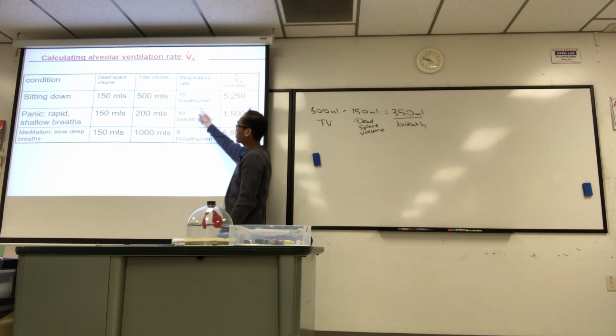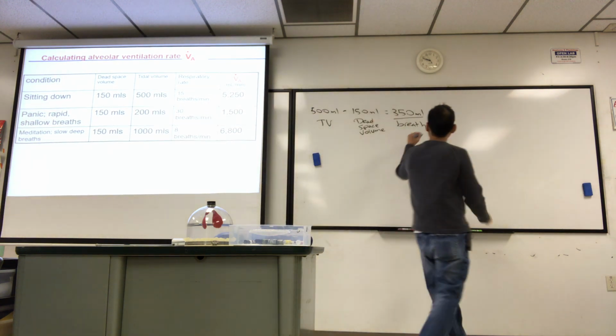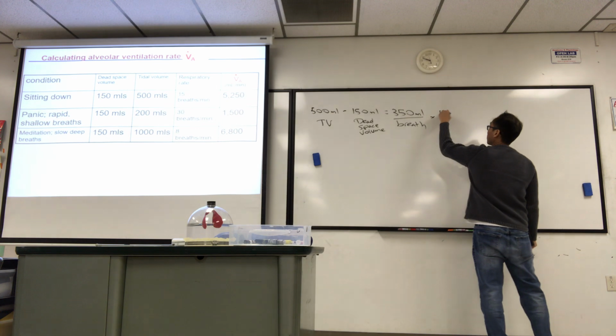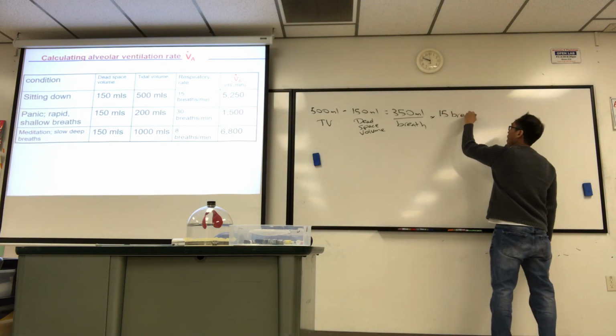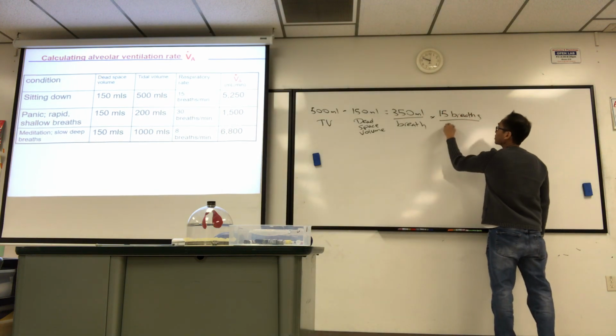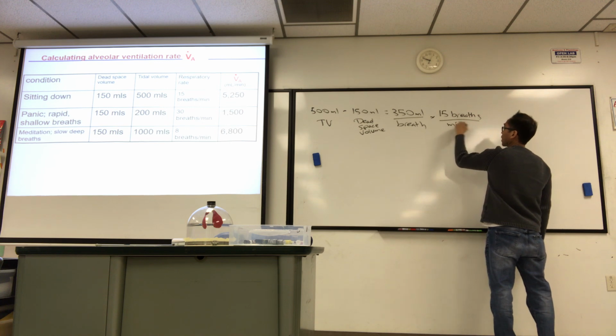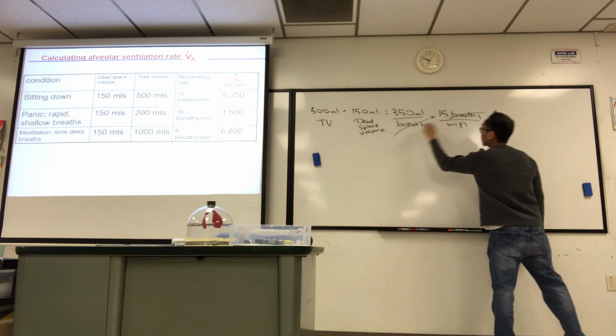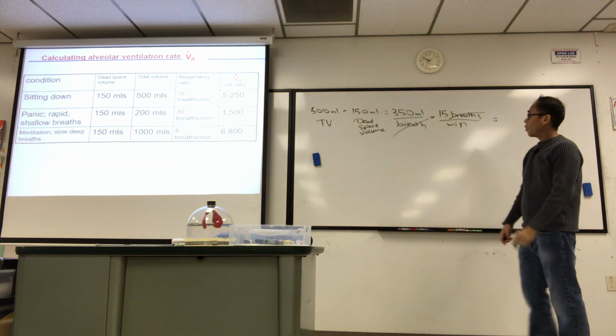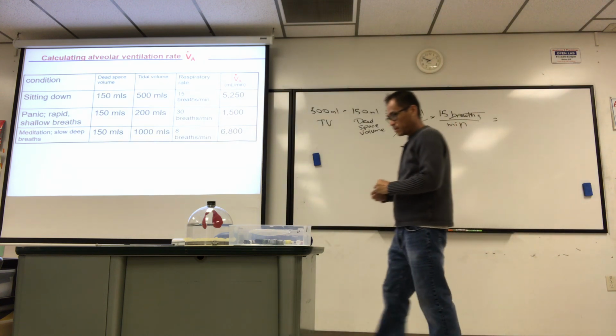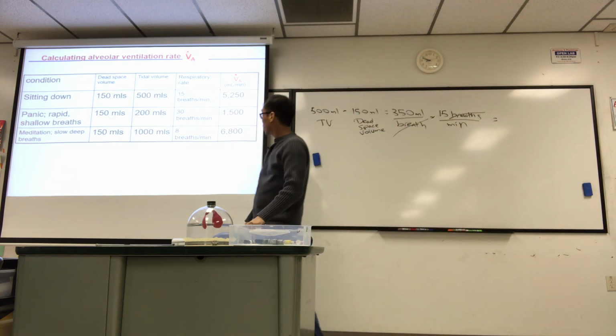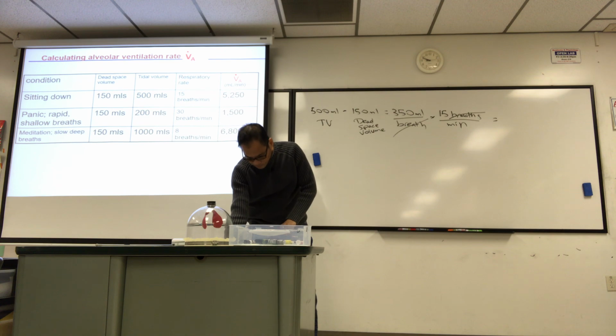But what's the respiratory rate? Let's say it's 15 breaths per minute. Now you get the units to cancel out, breaths. And 350 times 15 should give us that number.